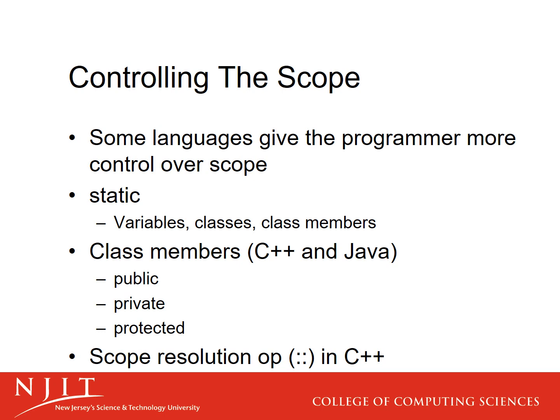You can control the scope of certain members of classes in C++ and Java and other languages that support object-oriented programming. Saying that something is private, public, or protected is really just a statement about scope. If something is private, I'm restricting the scope of that variable so that it's only visible inside of the class.